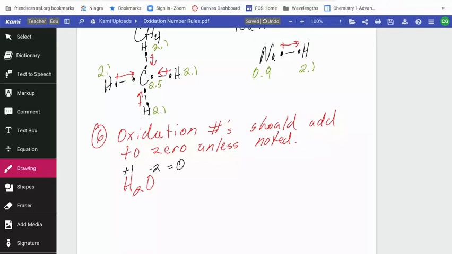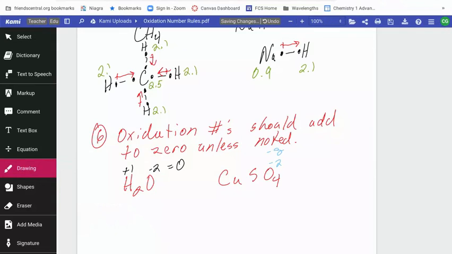Let me give you one that we haven't seen before. How about copper sulfate? In this copper sulfate, let's do some different colors here. I know that each of these oxygens are -2, so that's -8.